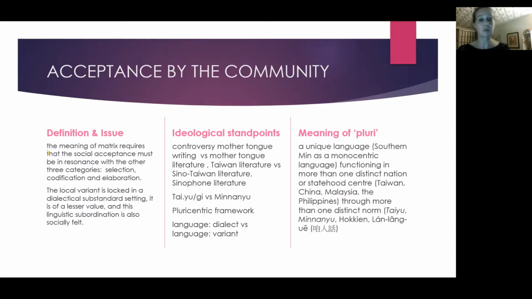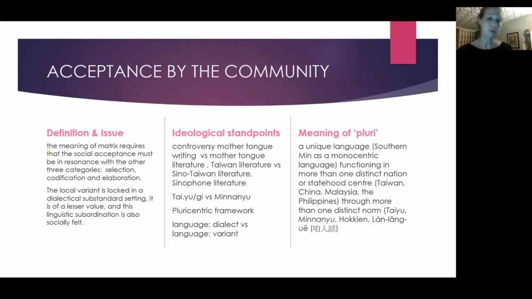Taiwan literature versus Sino-Taiwan literature, and then the term Sinophone literature. Furthermore, the use of Taiyu, Taigi versus Minnanyu, where Minnanyu still has a link as the dialect used in the mainland, and that was one of the elements that came up with political change, when Taiyu then all at once becomes Minnanyu.